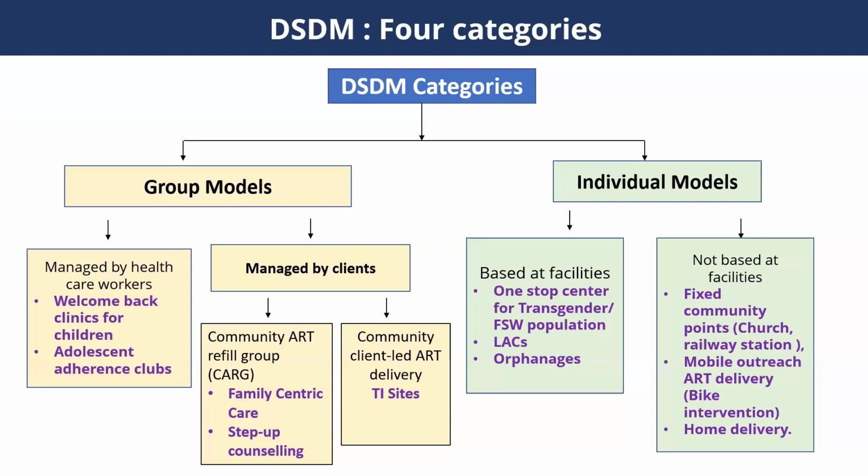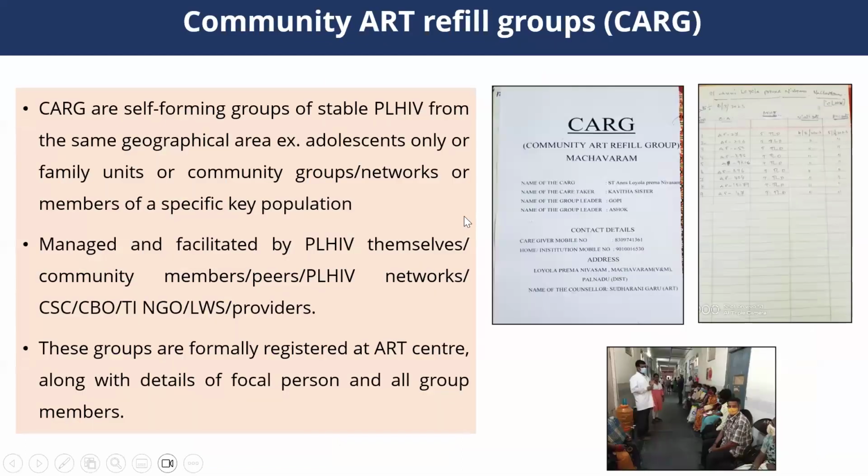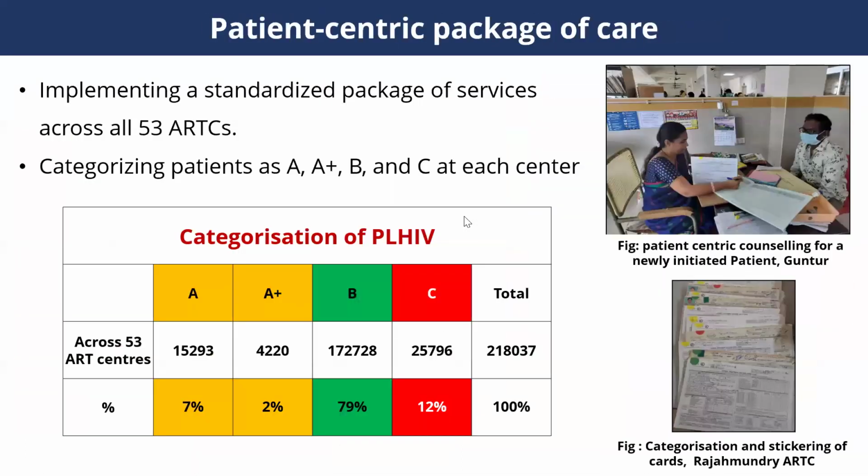For eligible clients, we are giving MMD, but we can't give MMD, or 2 months dispensing, to the pediatric children. The problem is that both father and mother are eligible for MMD, while for the children we are giving only 1 month.